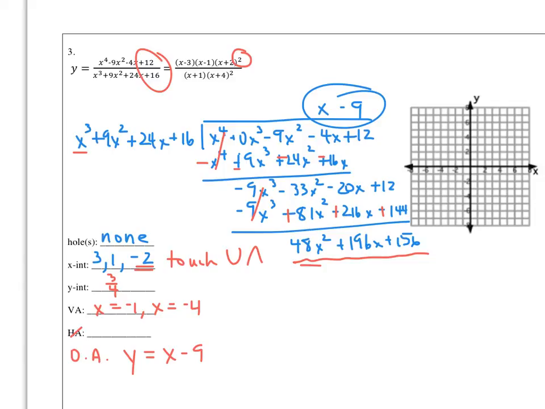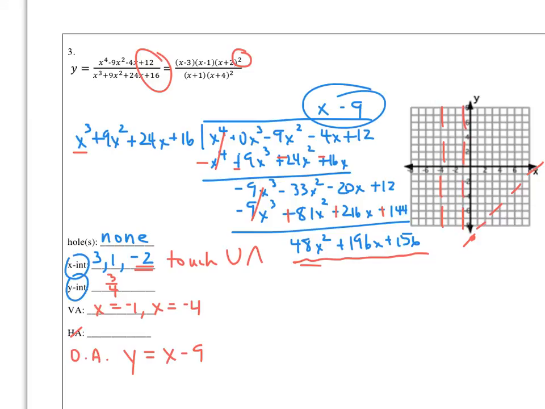So we know that we have asymptotes occurring at x equal to -4 and x equal to -1. We also know that we have an oblique asymptote with a y-intercept of -9 and a slope of +1. So you've got the following. We also know our y-intercept and our x-intercepts.